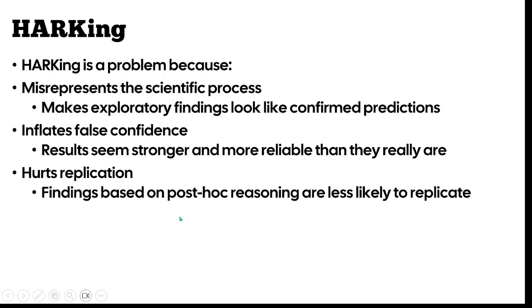Why is HARKing a problem? Number one, it misrepresents the scientific process. In the process of research, our hypotheses come before our data analysis, okay? It makes exploratory findings look like a confirmed prediction. We base our predictions on the previous research, okay? Exploratory processes are needed in some areas of research.